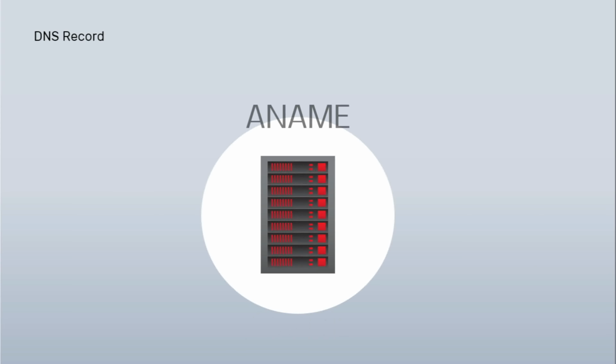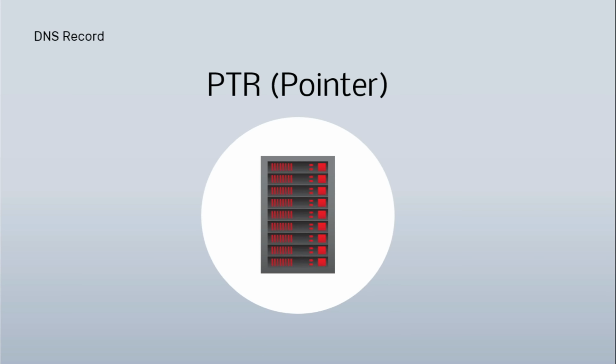So here the next record we have ANAME. This type of record is an auto-resolve alias, which functions just like a CNAME but at the root of your domain. And the next record is called PTR, which is pointer.